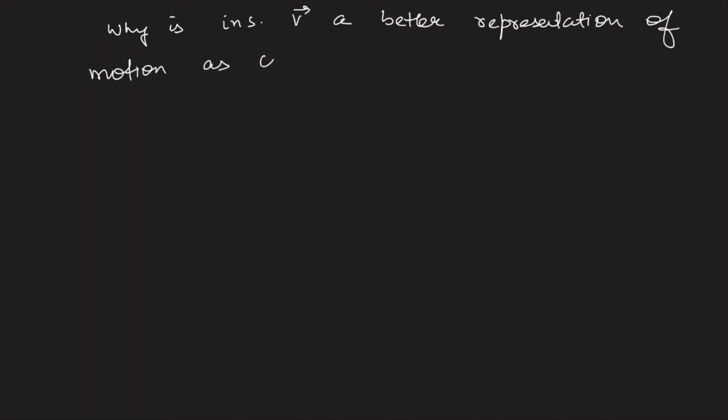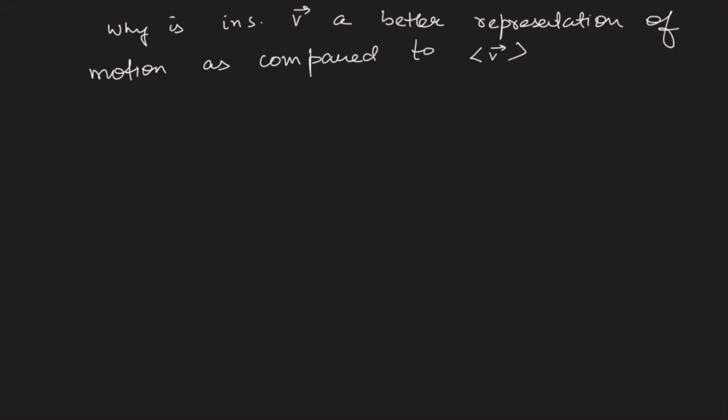Why is instantaneous velocity a better representation of motion as compared to average velocity? So this is something we want to discuss, how instantaneous velocity is a better representation of motion as compared to average velocity.